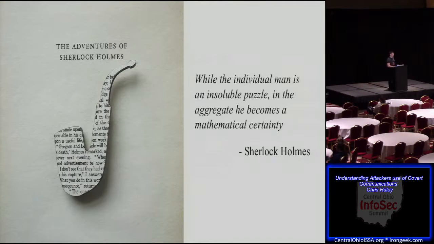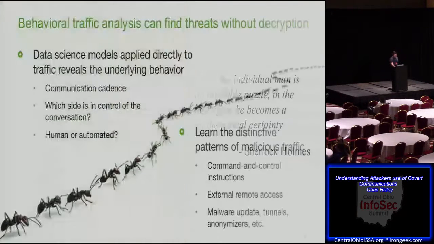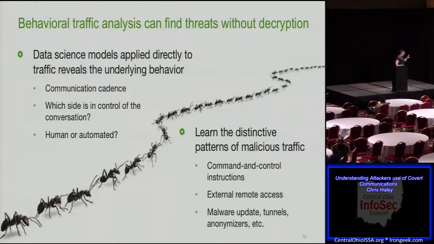But when you look at the group, there are mathematical and statistical certainties, right? So what do I mean by that? We don't have to look at an individual ant and fingerprint it to know exactly what the behavior is. But if we look at the flow, we can see a pattern, for example. And within data science and machine learning techniques, this is true as well.